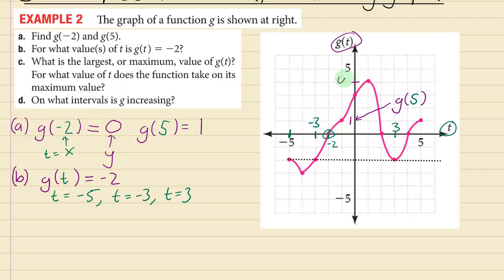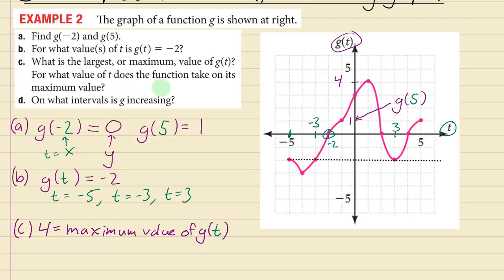The y coordinate there, or in other words, the g of t coordinate, the output coordinate, is 4. So the answer to C is 4, the maximum value of g of t.